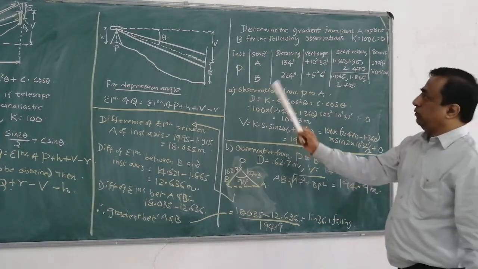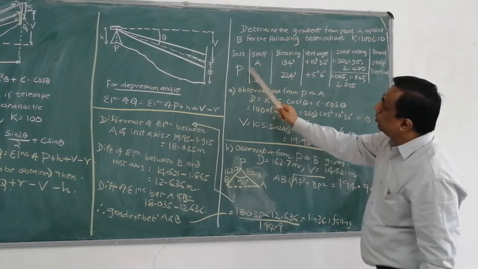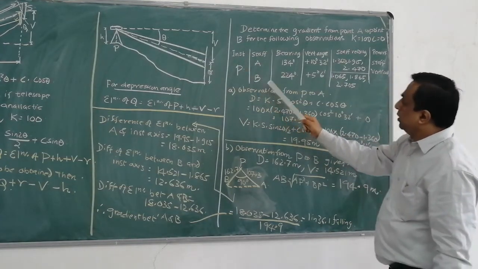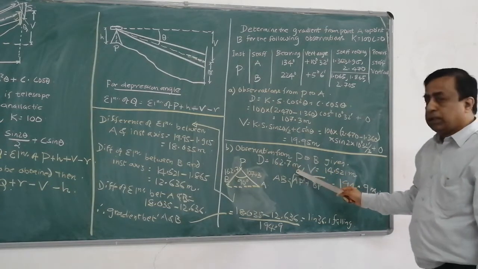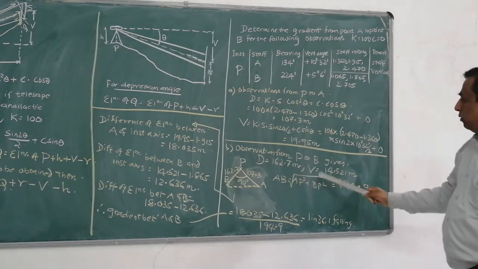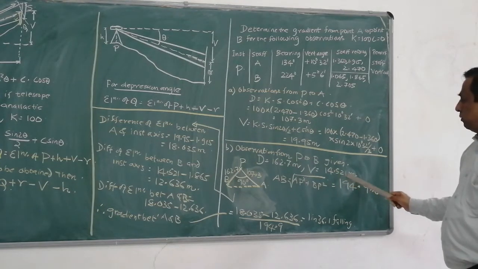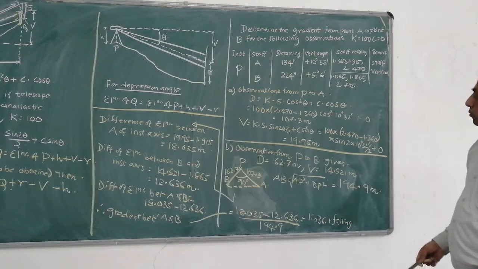Similarly, when you do the observation from P to B, same thing, we will have D as 162.7 meters and V as 14.2 meters.